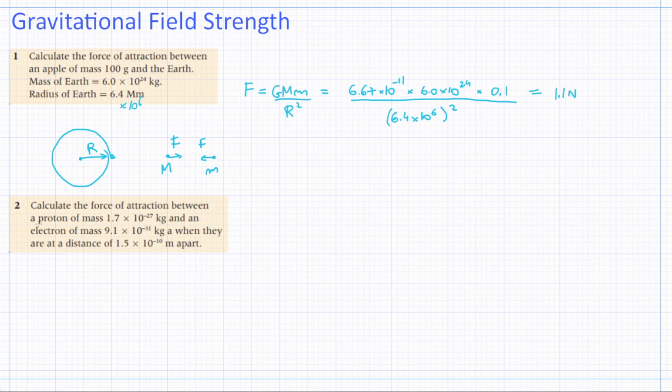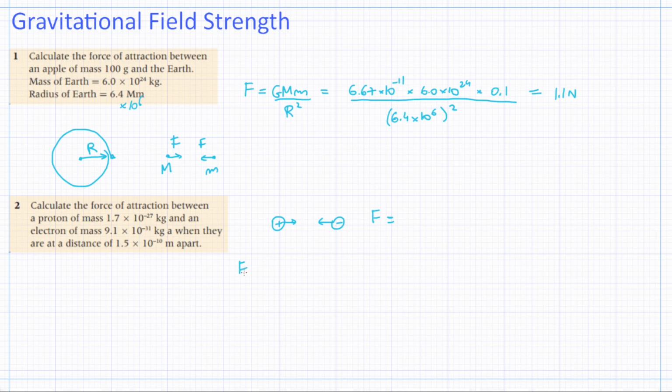We have a proton and an electron, and we know that there will be an electromagnetic force trying to bring them closer, since one is negative and the other is positive. However, we are now just looking at the gravitational force, and then we may compare.